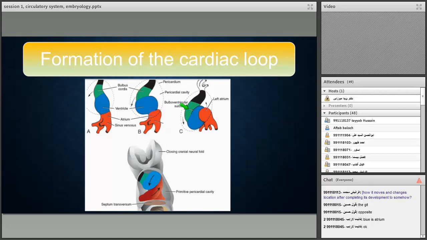It is also narrow, except for its proximal third part. Except in this green part, sorry. These parts are narrow and this is not.